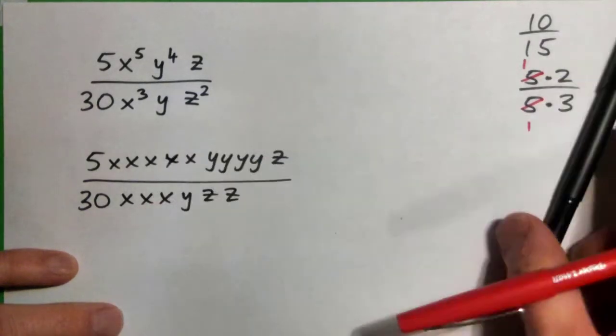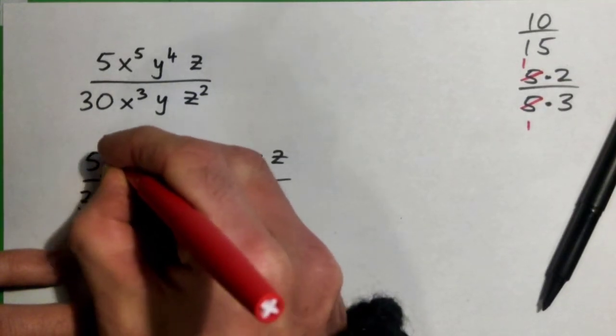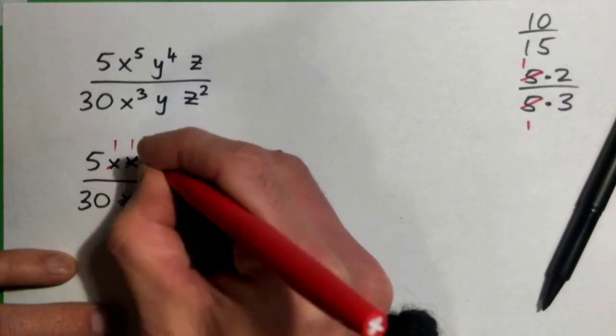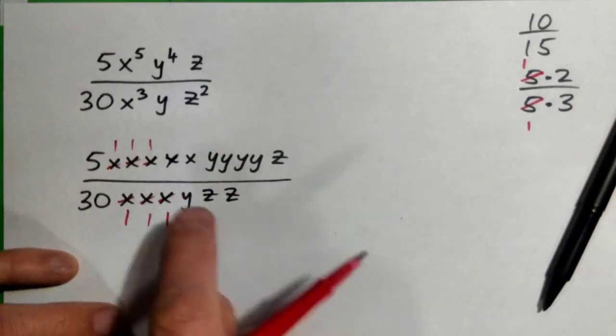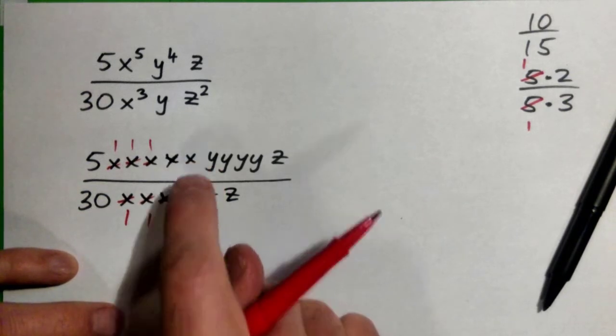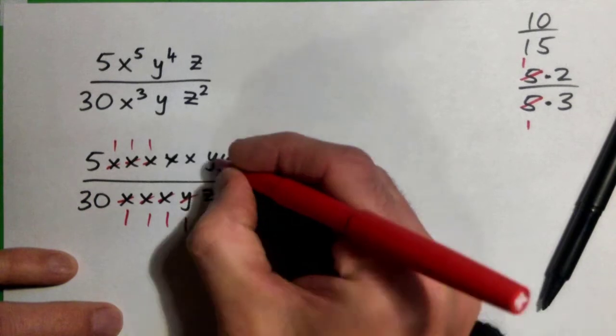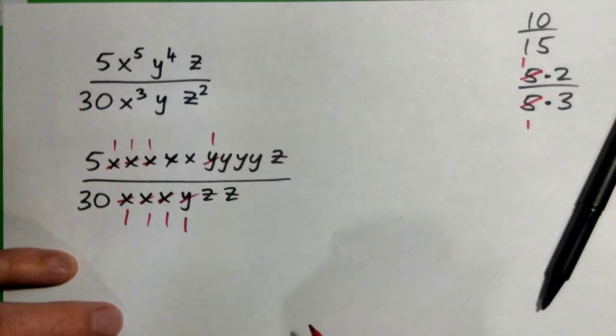So we can cross-cancel these x's and they leave 1's, cross-cancel these x's, cross-cancel these x's. But the point is you're left with 2 x's on top, isn't that right? Good. If we cross-cancel the y's, what are we left with?